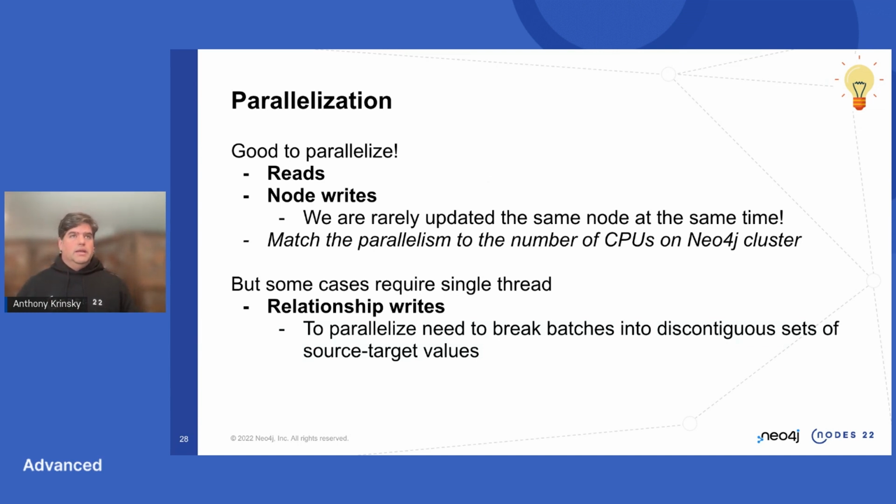When they're being created, they're being created individually. You're typically not having concurrent updates on the same node. Relationships, though, are tricky, and we would suggest you start with a single thread. So if you're going to parallelize, then you really need to make sure that your simultaneous merges are against different source and target endpoints.